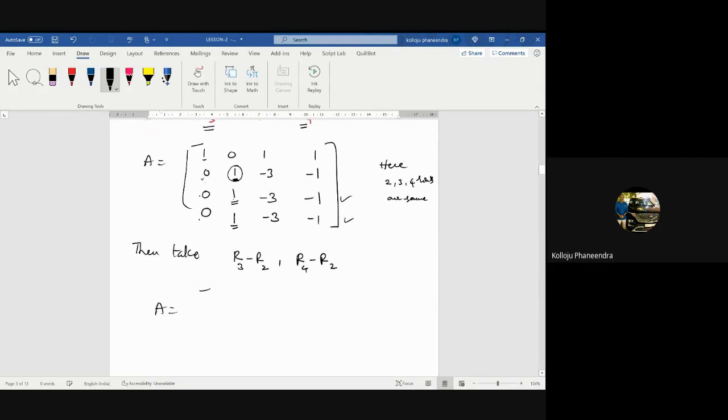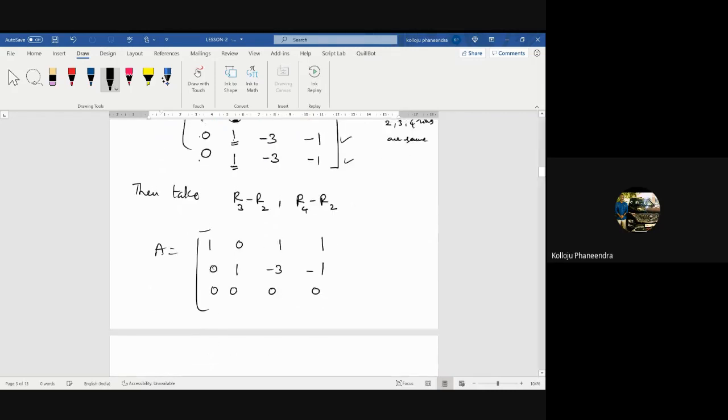So A equals 1, 0, 1, 1; 0, 1, negative 3, negative 1; and obviously these two rows become 0, 0, 0, 0. Correct? Now, is it in echelon form? Yes. All the zero rows occur at the bottom, and the number of zeros before the first non-zero entry increases in each row.